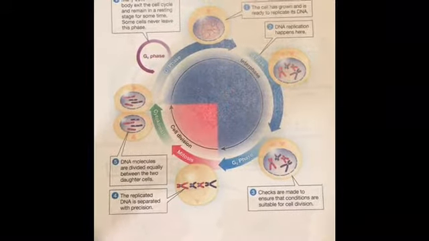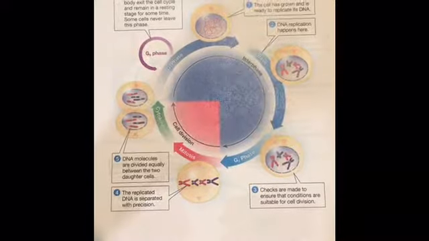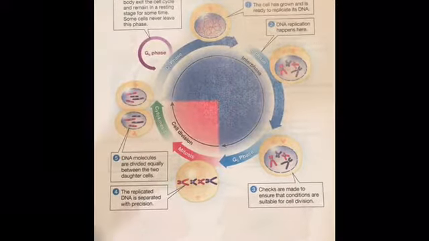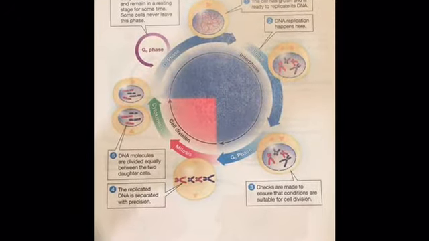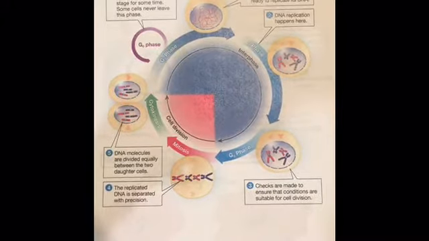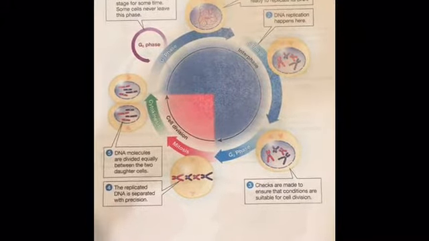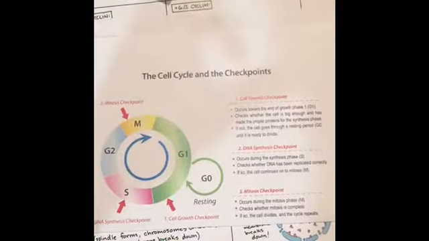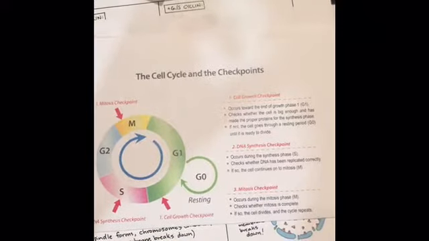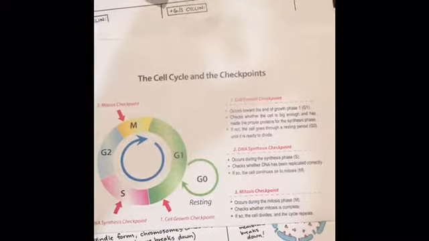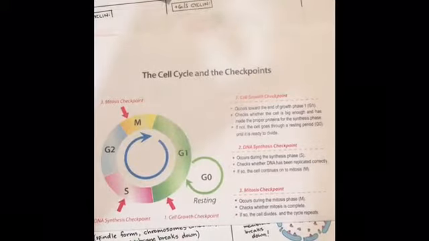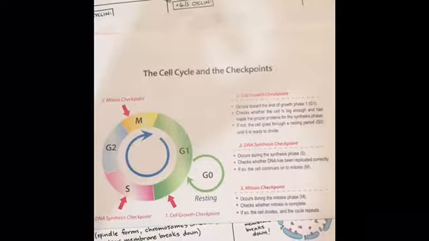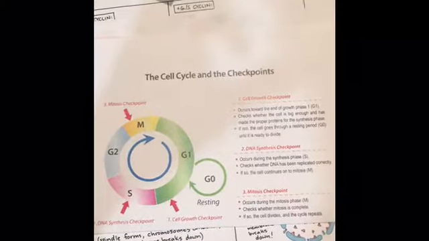And then G2 phase is where the checks are made to ensure that the chromosomes are ready to be split through mitosis. So there are three checkpoints in the cell cycle. The first one is the cell growth checkpoint, which ensures that the cell has the right proteins and is able to synthesize later on.